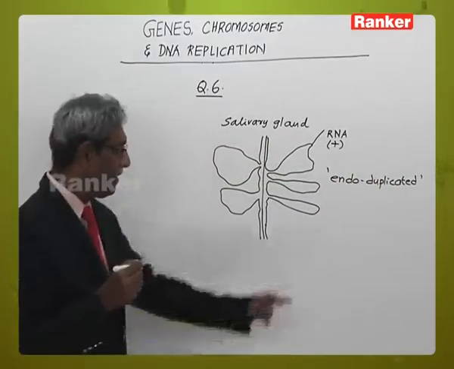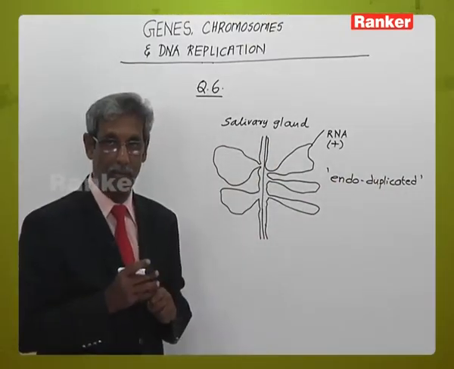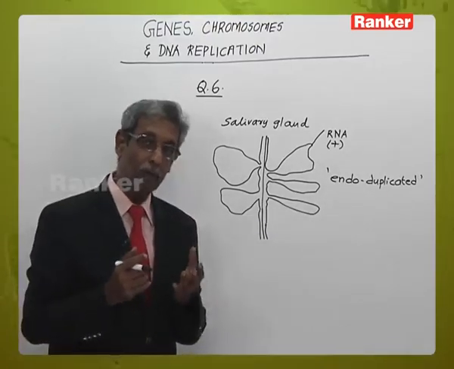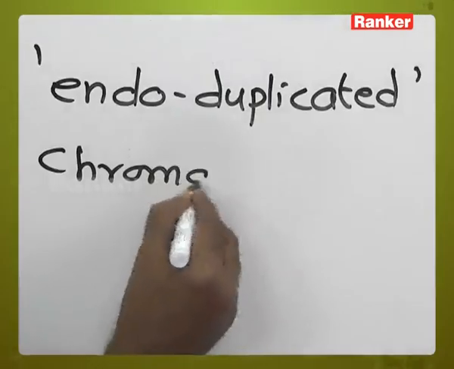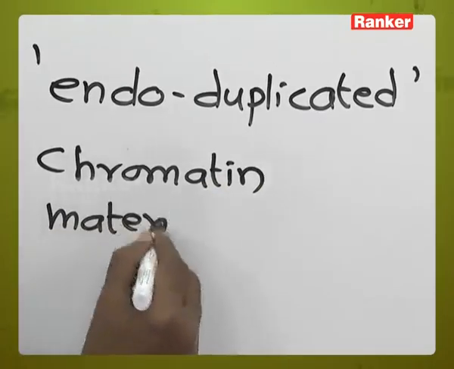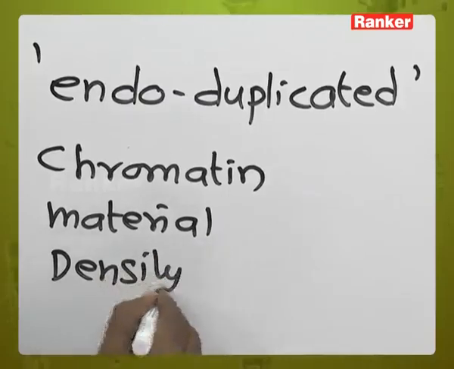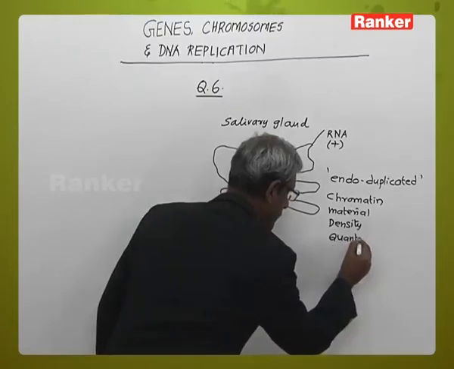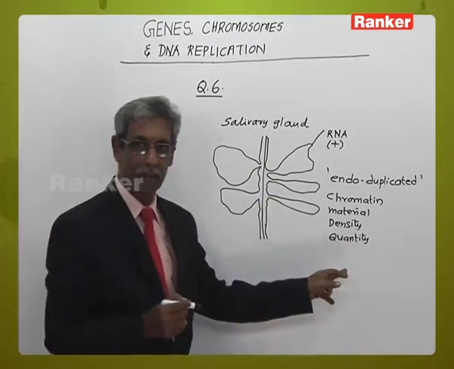Endoduplication is a very important attribute of salivary gland chromosomes of dipteran larvae. The term endoduplication means doubling of the chromatin material. So the density as well as the quantity of the chromatin material gets doubled.